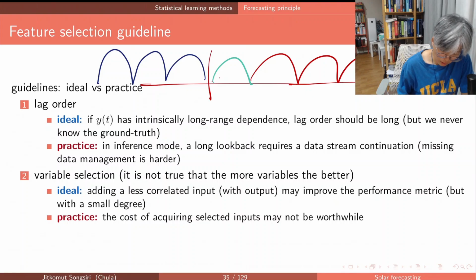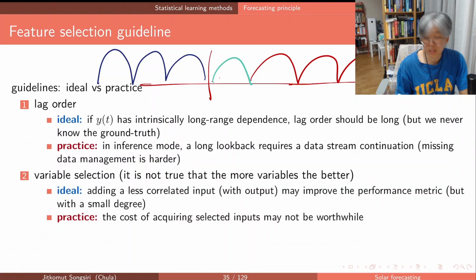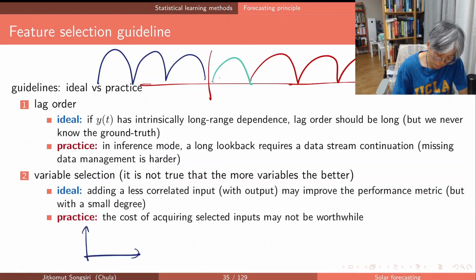For example, in our data set, if I plot irradiance and relative humidity, I might see a scatter plot that looks like this, and maybe the correlation is 0.2.